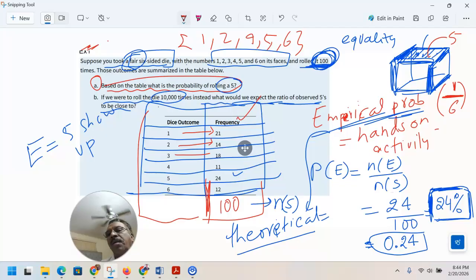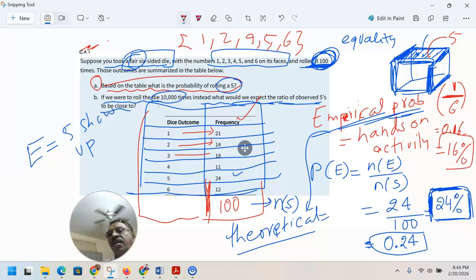So this is the probability. Now, if you take the ratio of this, you end up getting 0.16 and some number. In other words, this is almost close to 16%.